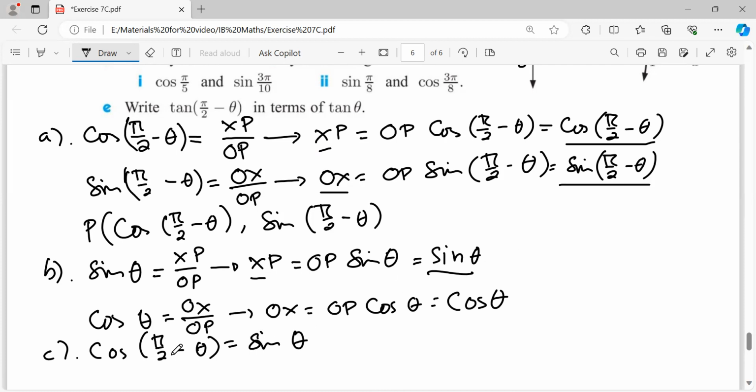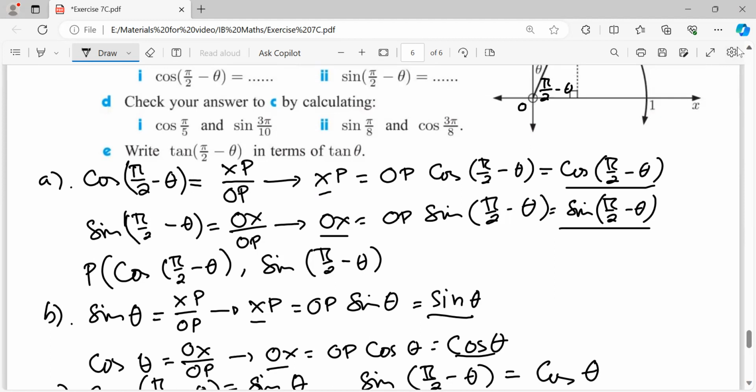So cosine of pi over 2 minus theta equals sine theta. And sine of pi over 2 minus theta equals cosine theta, because OX equals sine of pi over 2 minus theta, and OX as well equals cosine theta.